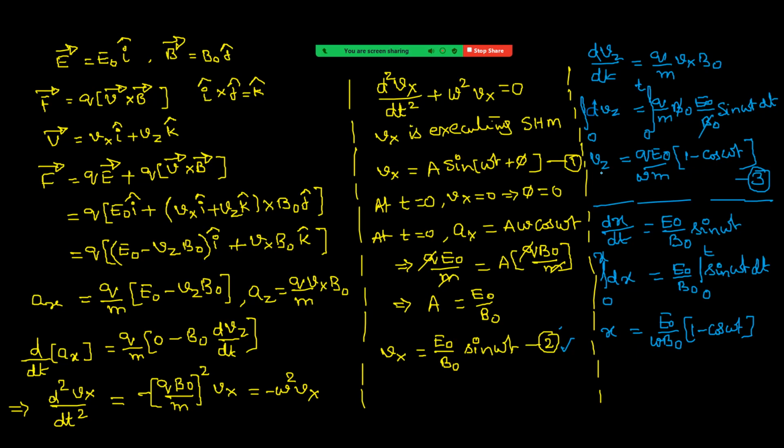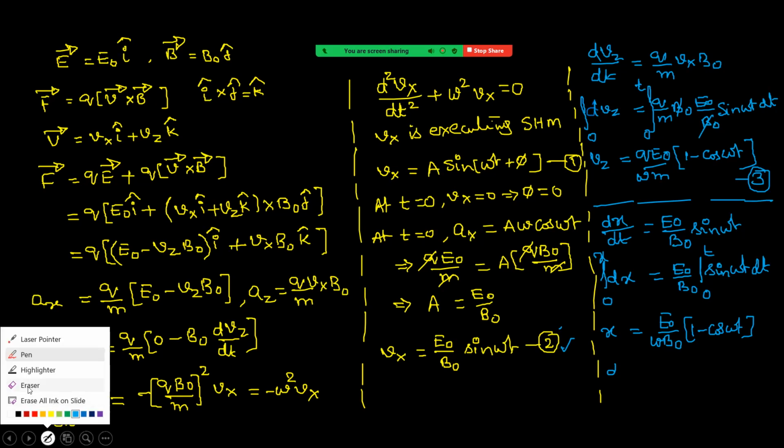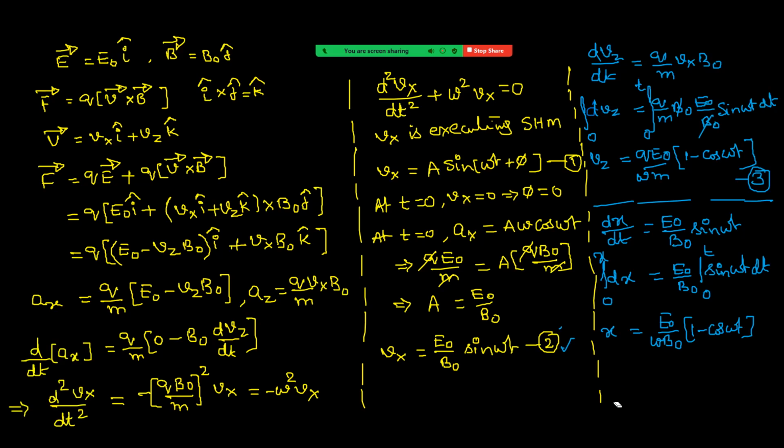Next, it is Vz. Now Vz is taken as dz by dt. Let us make the calculation here.